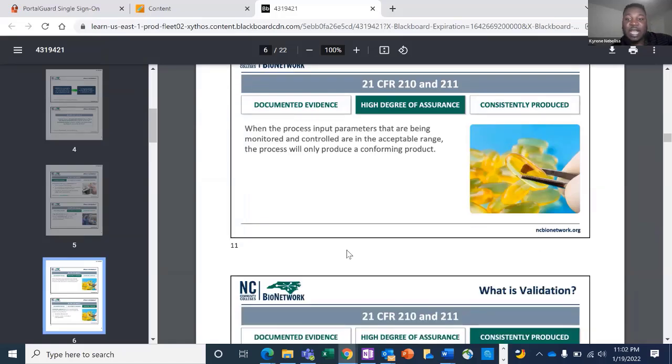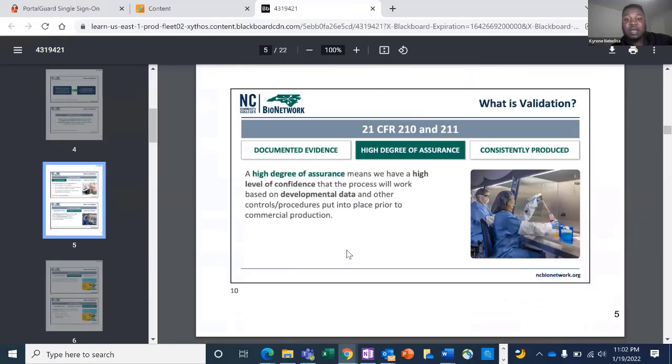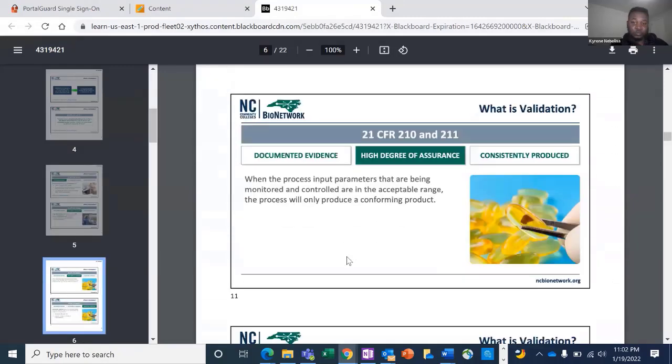So again, going along with a high degree of assurance, when the process input parameters that are being monitored and controlled are in acceptable range, the process will only produce a conforming product. So as I stated earlier, you have process parameters that have to be met.